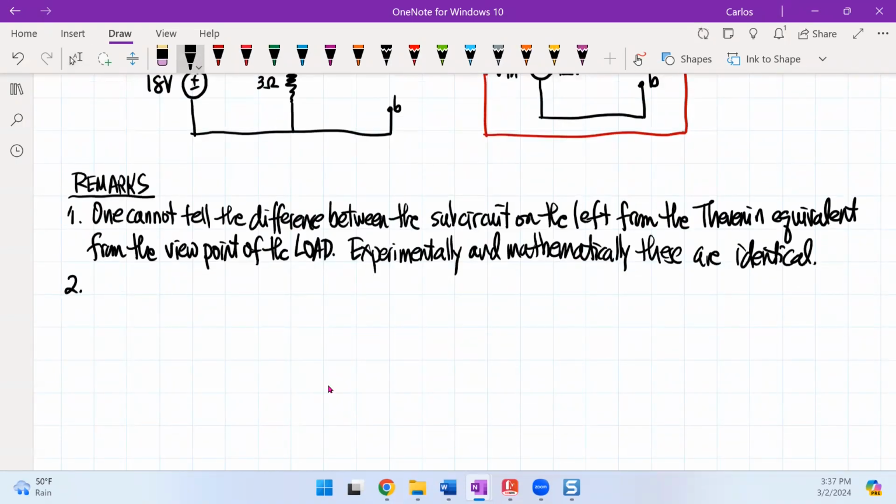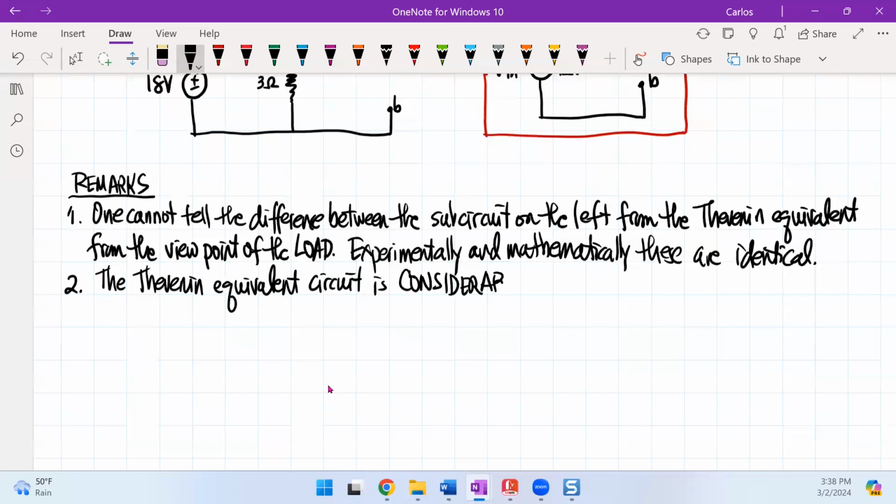2. The Thevenin equivalent circuit is considerably easier to calculate the details of the load circuit.